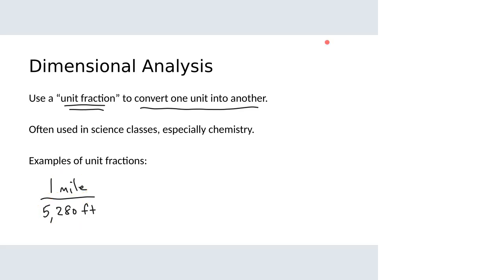Another example of a unit fraction might be the fact that there are 12 inches in 1 foot. Here again, 12 inches, 1 foot. They mean the exact same thing as each other. It's just they're in different units. And then going between metric and standard English units, we could say that 1 inch is the same as 2.54 centimeters.